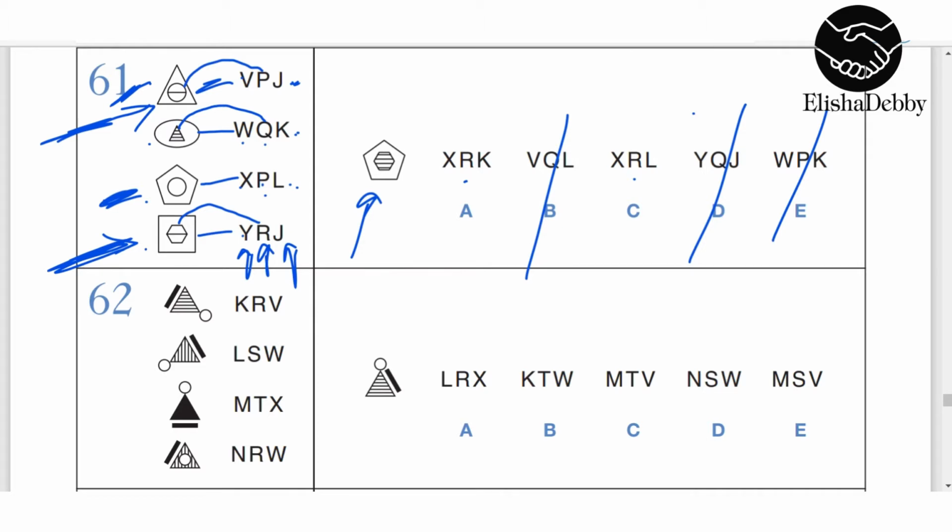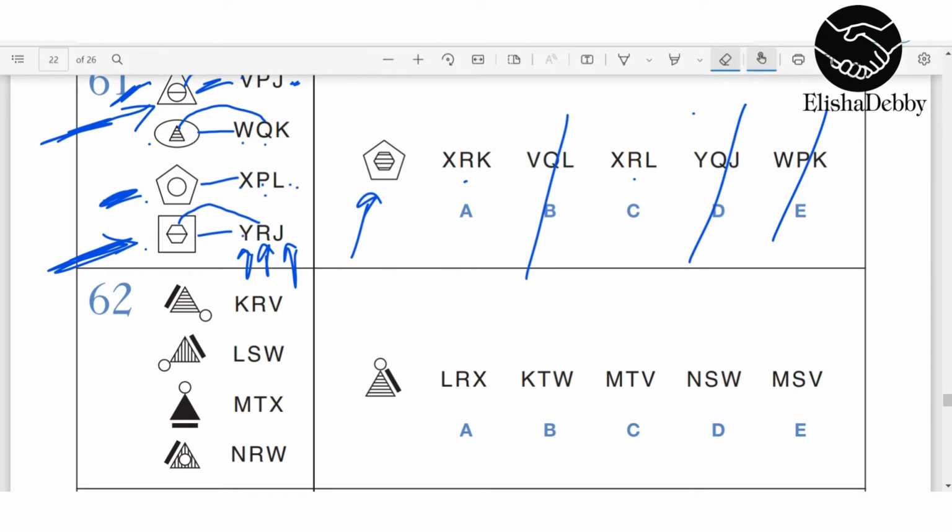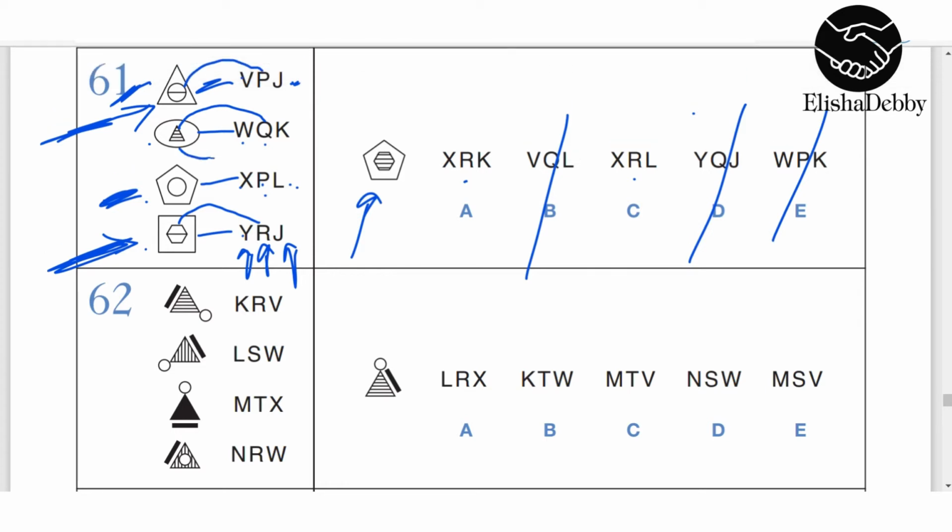So the pattern there is a K. K is the pattern. So we're expecting to have a K at the end, and that is the K. It can't be L because L is unshaded, but this is with a pattern.